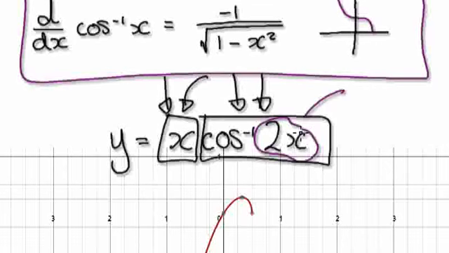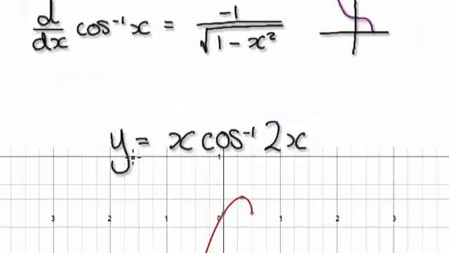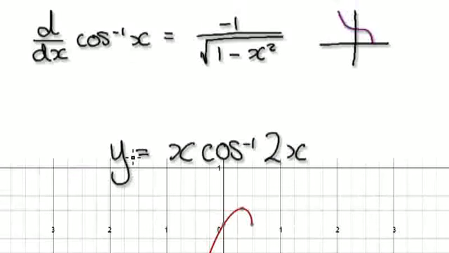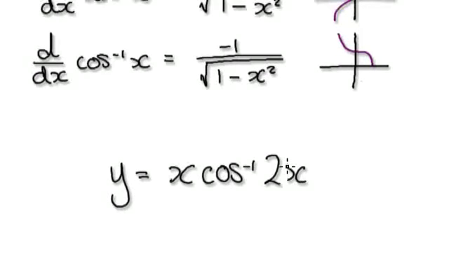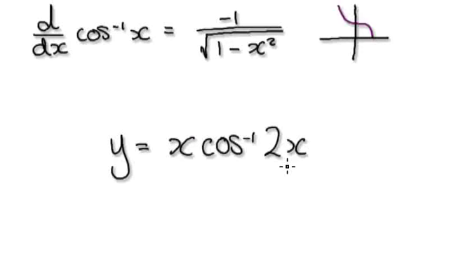But then don't forget you've got a chain rule too. Well, anyway, find dy by dx here. Okay, let me just tidy this up. So find dy by dx. So press pause and have a go.